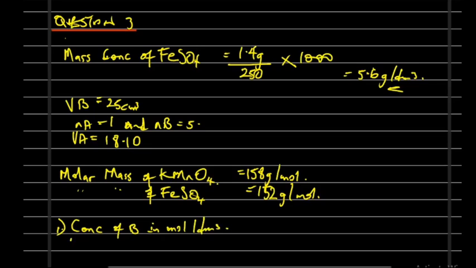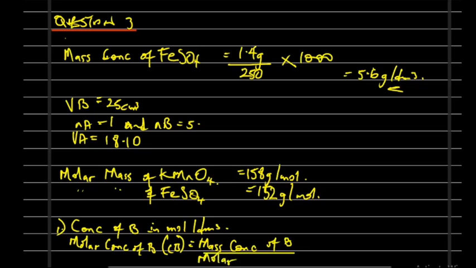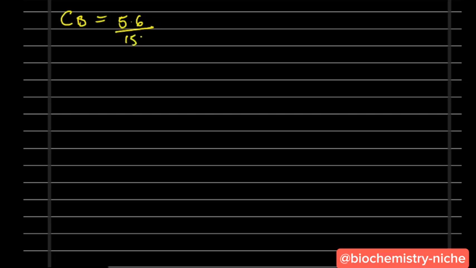The formula we are going to be using is: molar concentration of B, that is our Cb, equals mass concentration of B divided by the molar mass of B. So if you are looking at that now, this is what we'll be having next: our Cb, which is our concentration of B in moles per dm cube, is 5.6 divided by 152.